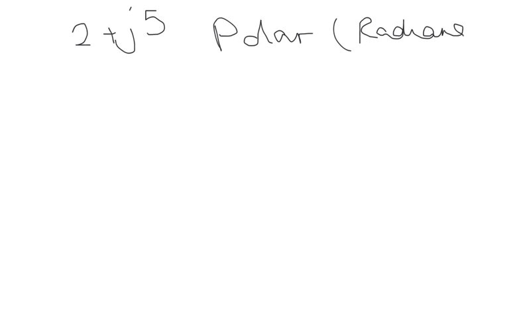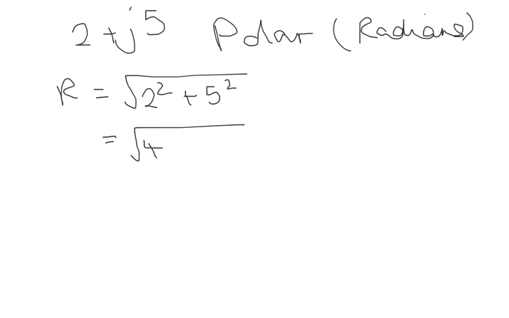Convert 2 plus j5 into polar form using radians. That's the same system. r is Pythagoras, so it's 2 squared plus 5 squared, just the a and b squared and square rooted. 4 plus 25 is the square root of 29. We can leave it like this.